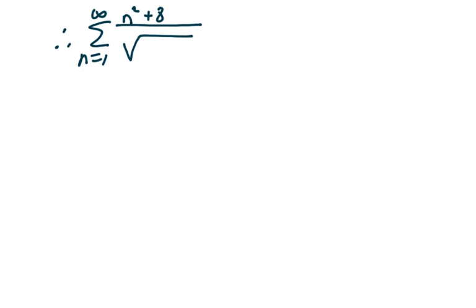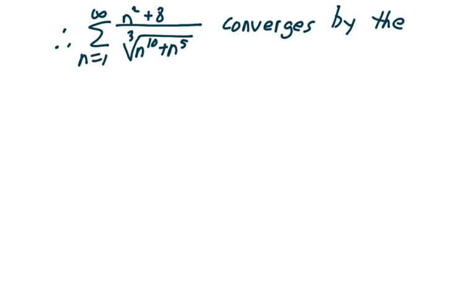So what that tells me is the summation from n equal 1 to infinity of n squared plus 8 divided by the cube root of n to the 10th plus n to the 5th converges by the limit comparison test.